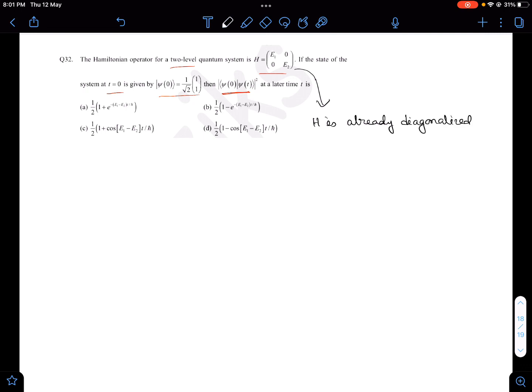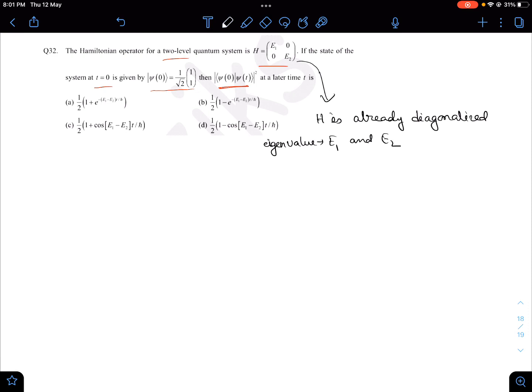So this has eigenvalues E1 and E2, and if we want to calculate the eigenstates corresponding to these eigenvalues, let us do it for E1.